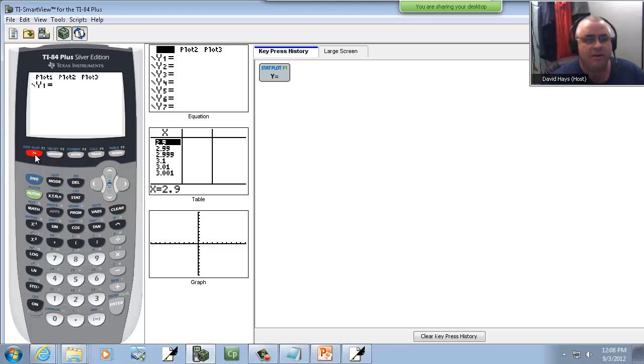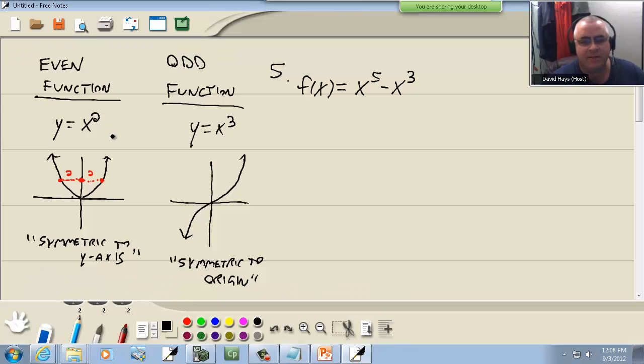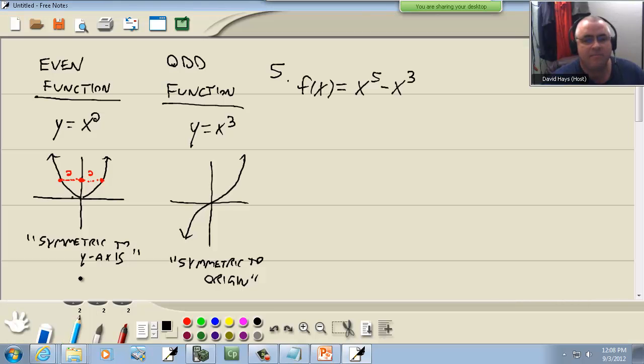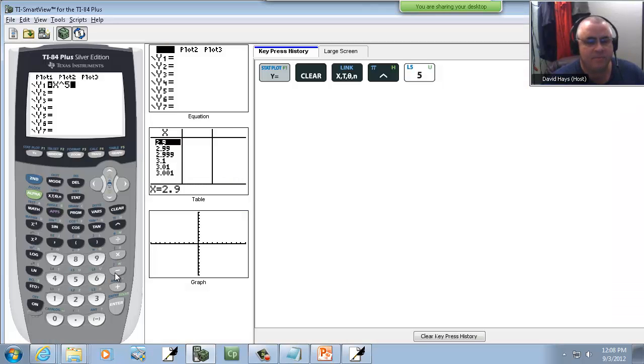Okay, so I'm going to press y equals. I'm going to press clear to clear out whatever's on y1. I don't have anything, but. And then I got x to the fifth, so I'll do x caret 5 minus x to the third. So minus x caret 3.